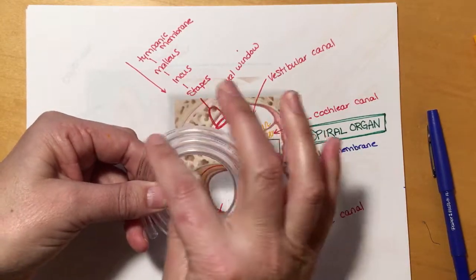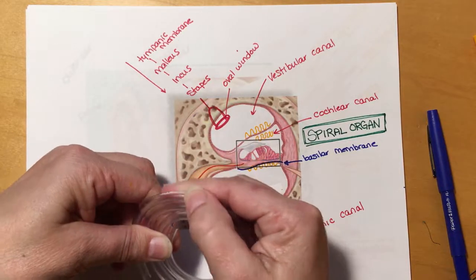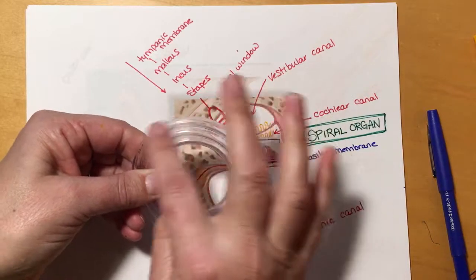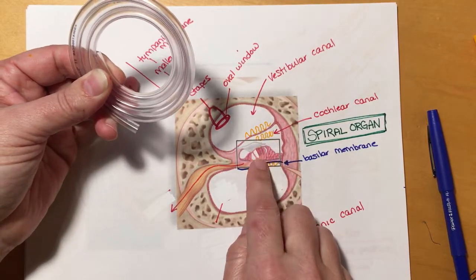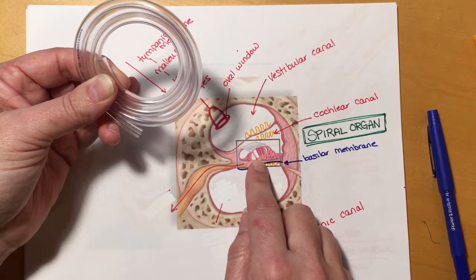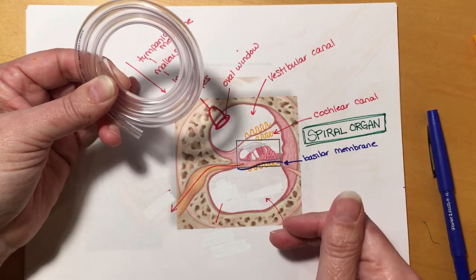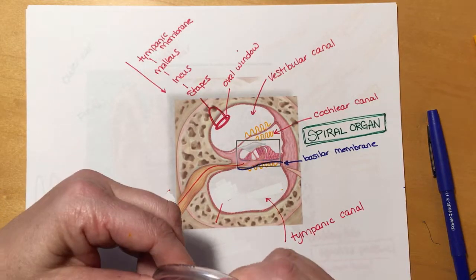Higher pitched sounds have a higher frequency and they lose their energy a lot faster, and they're going to cross over more towards the top of the tube. So depending on how far down the tube the spiral organ is activated, we can determine whether the pitch was high, medium, or low.